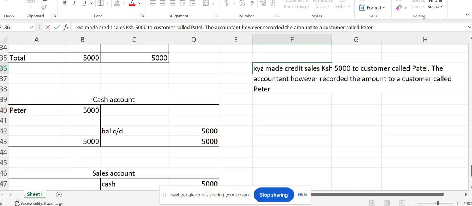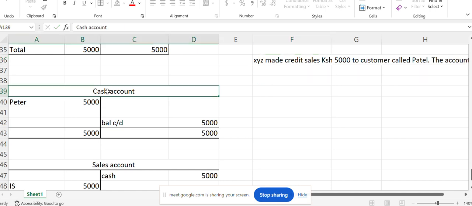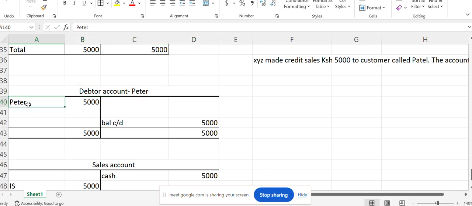So instead of opening a cash account, we open a debtor or customer account. We can put a hyphen here and say Peter. This one will remain as sales.